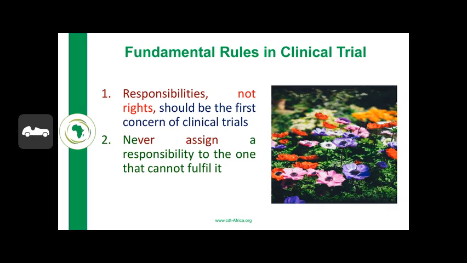For instance, only the investigator may remove study participants from a clinical trial. If this responsibility is given to the sponsor, the sponsor will not be able to accomplish this task because the sponsor might be far from the clinical trial site.